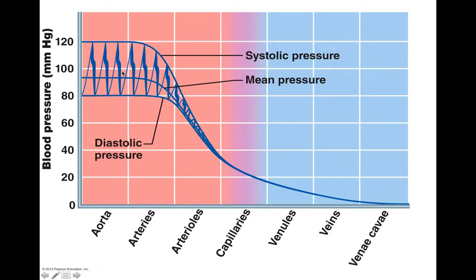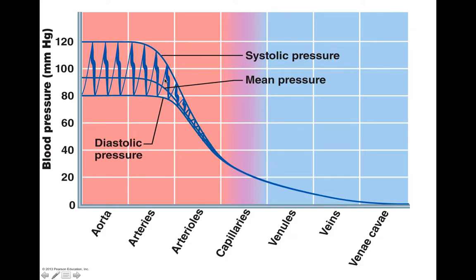So here's ventricular ejection as all that blood is pushed into the aorta, it stretches, and then it recoils.